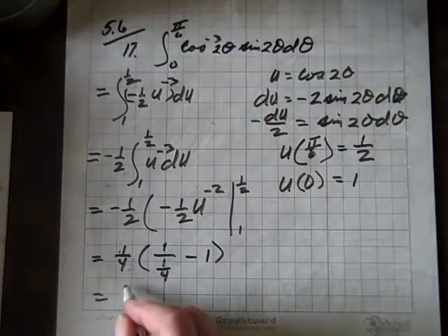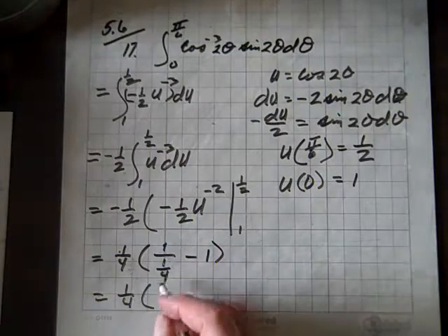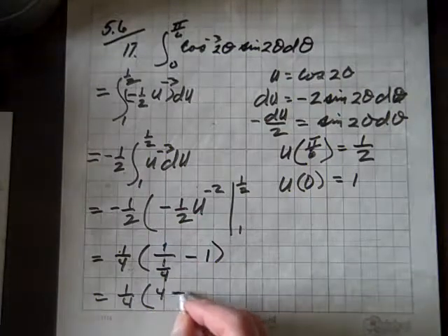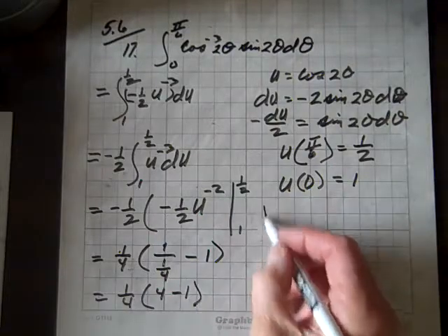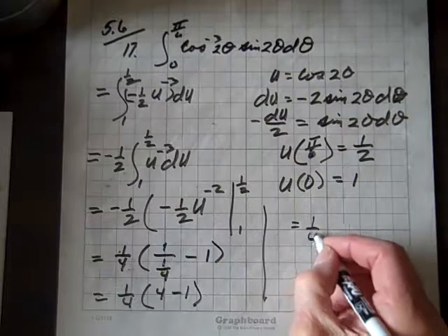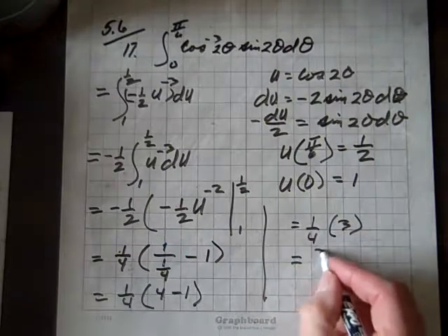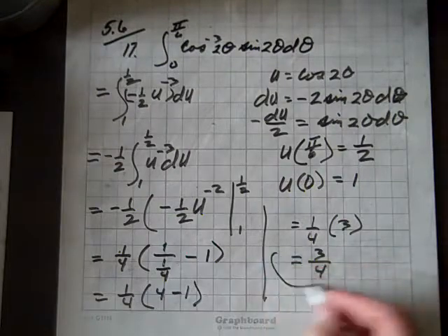Well, it turns out this is 1/4 times, when you invert and multiply, you get a 4 minus 1, and that equals 1/4 times 3, which equals 3/4, and we're done.